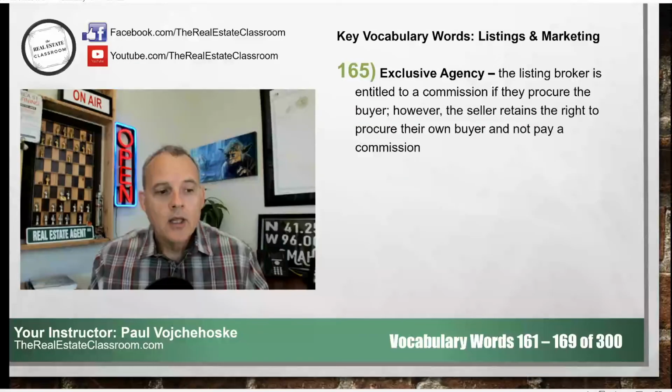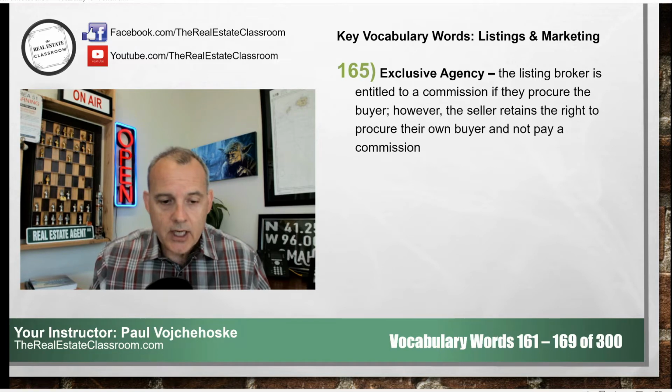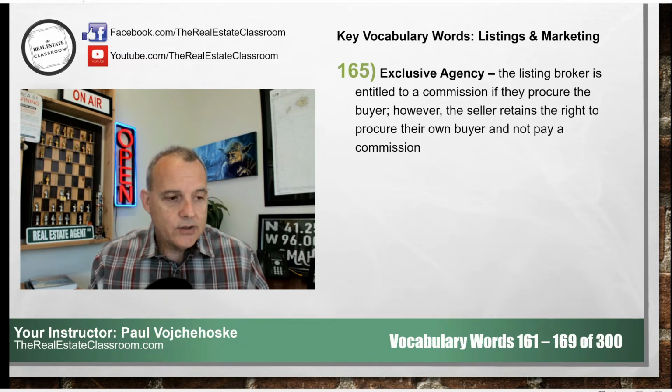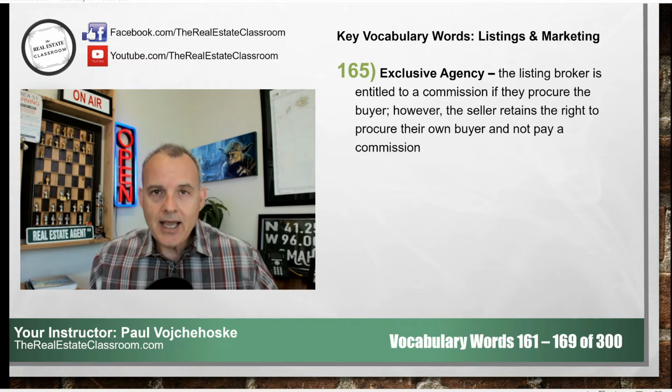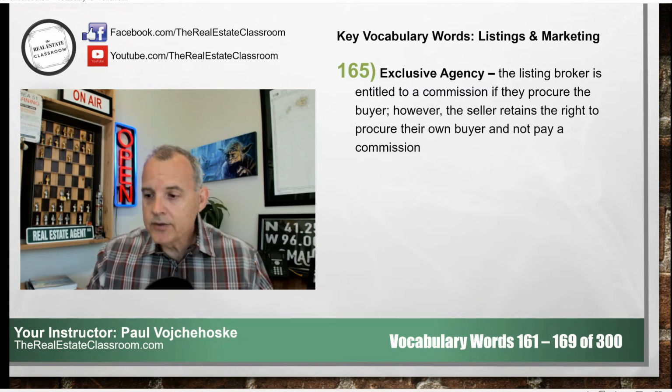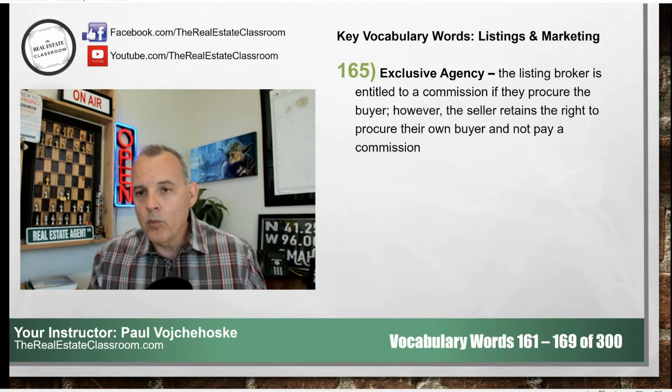So maybe in reality, the problem with an exclusive agency listing is, let's say, for example, the buyer sees an ad on social media that the broker put out. So they drive by the house. The seller had put a sign out in the front yard that says that they're going to do their own open house Sunday from 1 to 4.